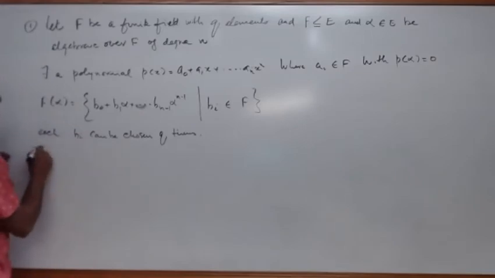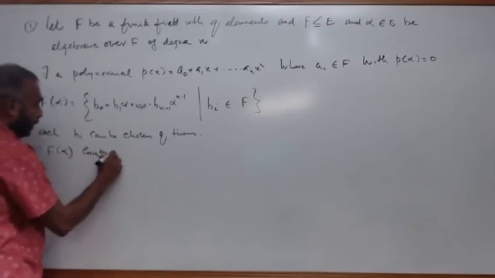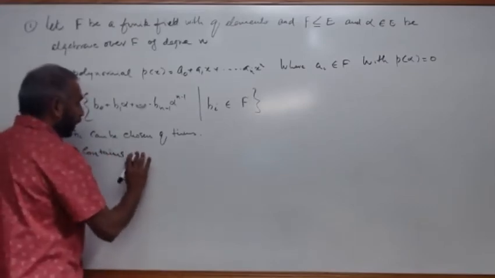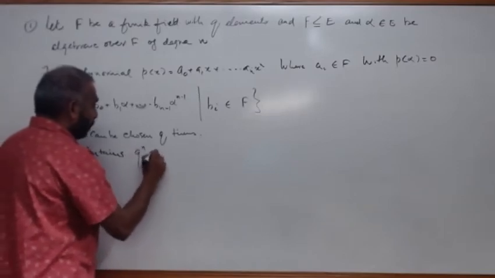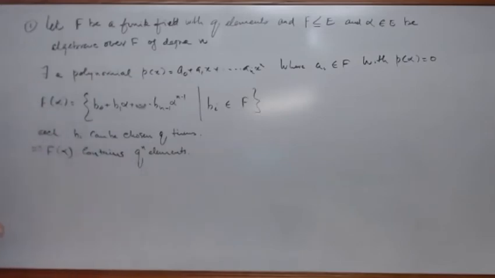So that means F(alpha) contains q to the power of n elements. So this is our base result.